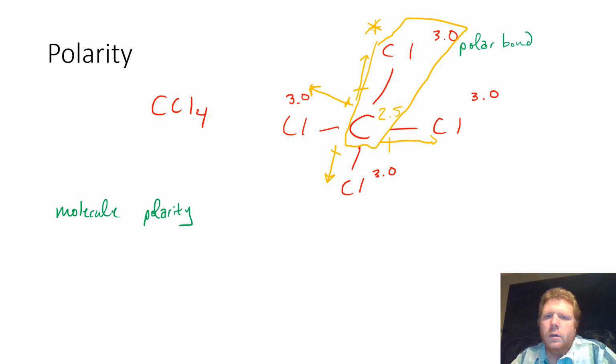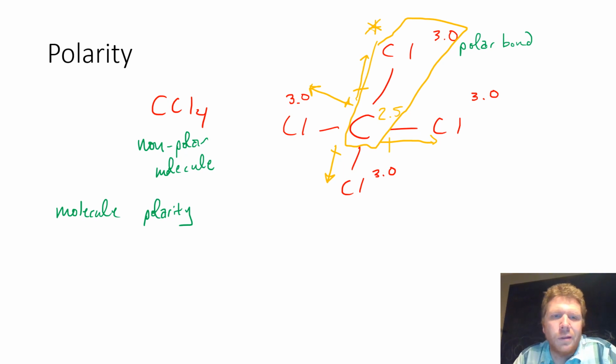But CCl4 is a non-polar molecule. And a good question is, what gives? The reason for that is each one of these bonds has equal strength, and they're equally far away from one another. So what that means is they basically all cancel one another out.